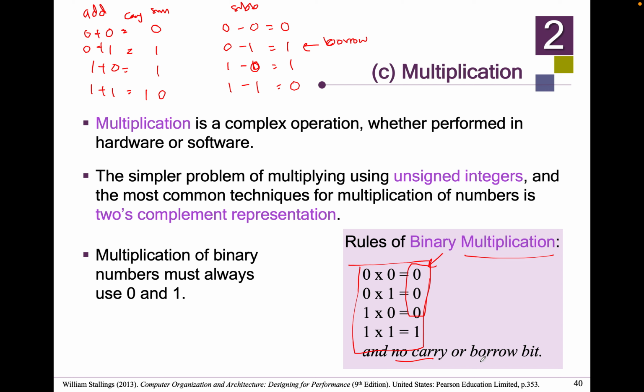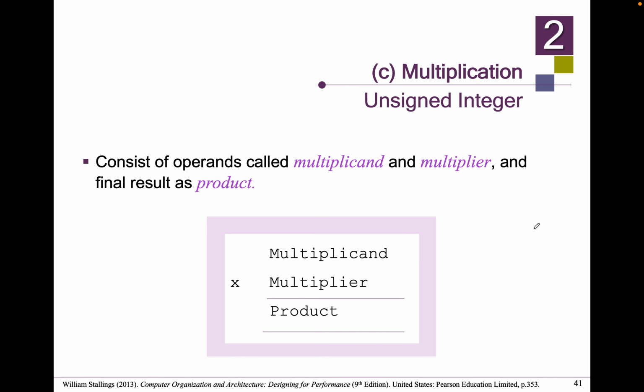And there is no carry or borrow bit for multiplication. So let's take a look. If you have a multiplication, it's divided into unsigned integer and signed integer. First, we're going to look into the unsigned integer. So we will divide it into what we call the multiplicand and multiplier.